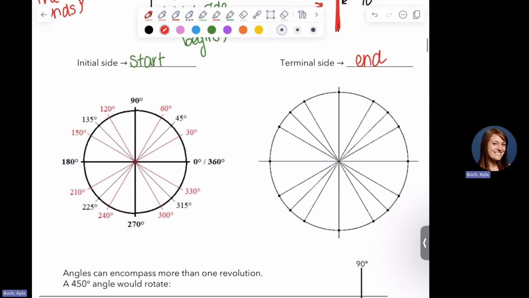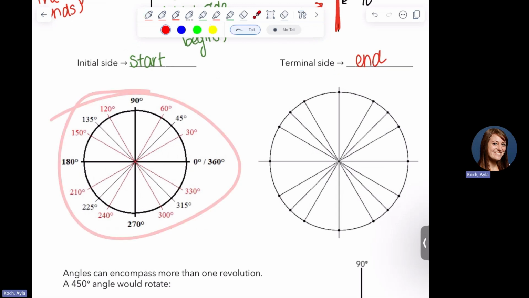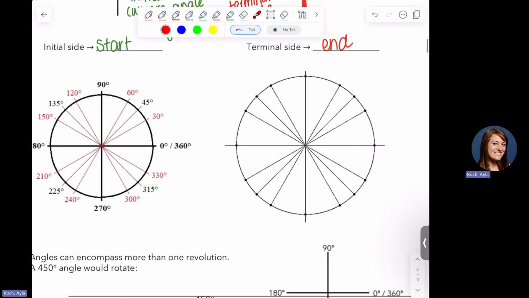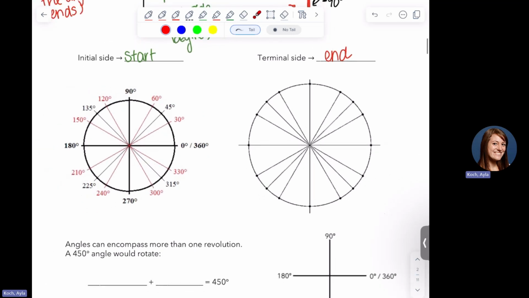So I have, from our previous video, the angles that we wrote out there, and we can do this in the negative direction as well. We start here, this is still going to be 0 degrees, and we're just going to move in this direction. This amount of turn to the very first spoke is still the same amount of turn to up here, it's just in the negative direction.